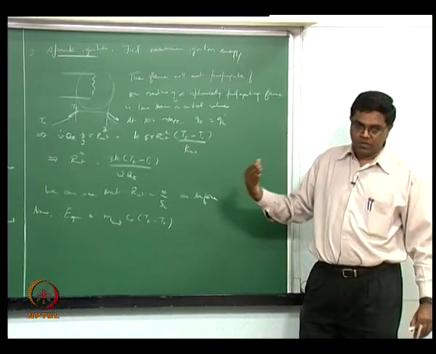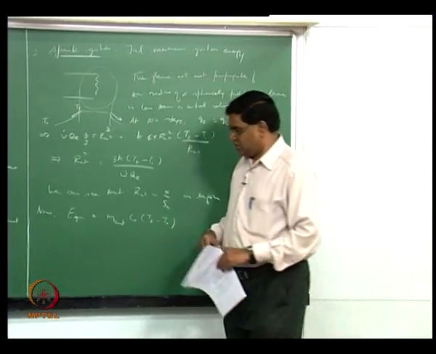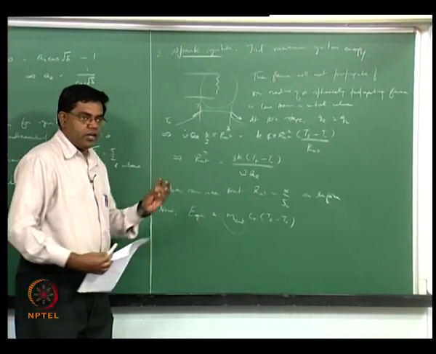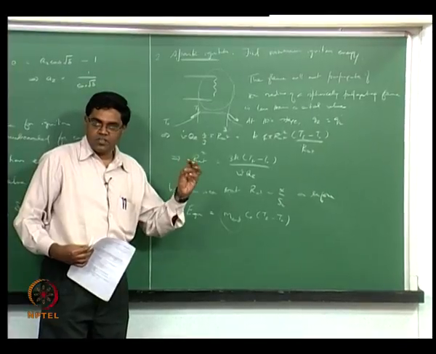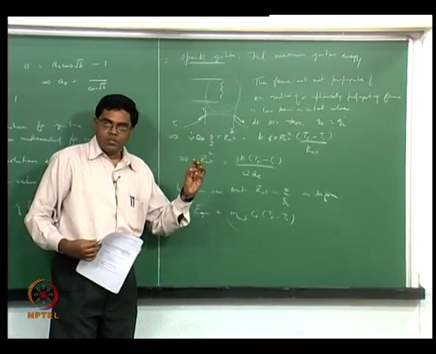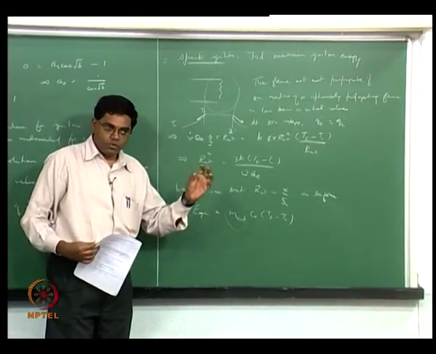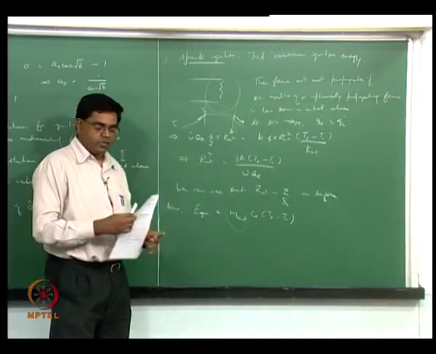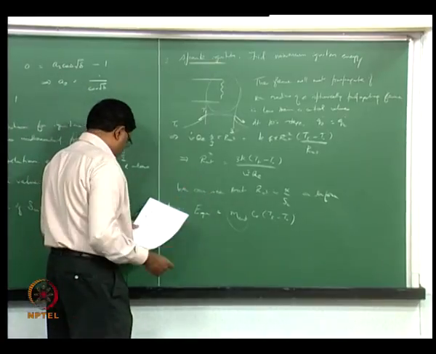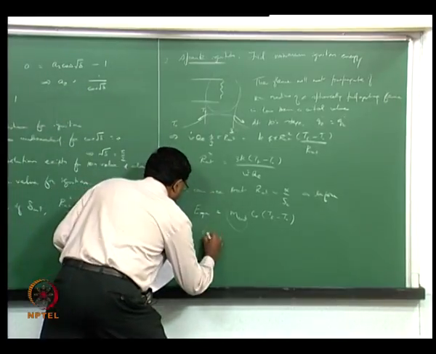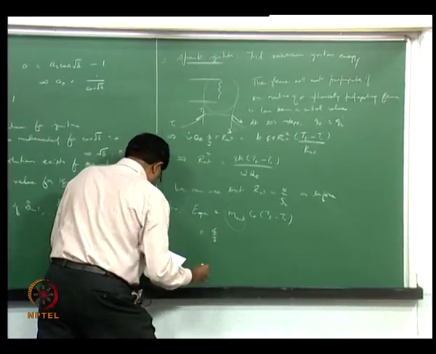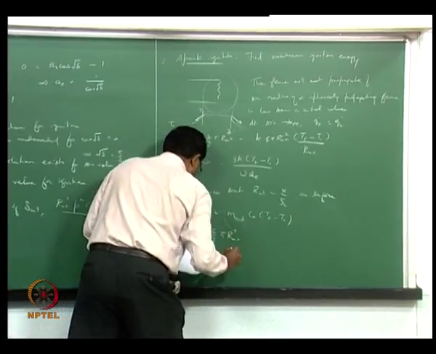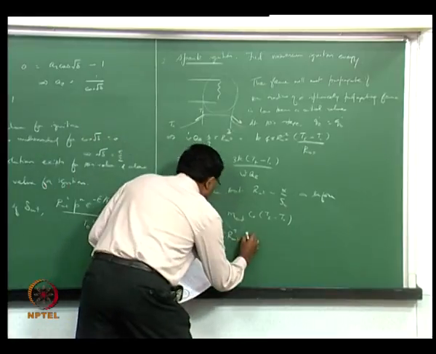So we are applying both in stages, and this m crit is essentially a pocket of gas of a certain critical mass, and therefore it's going to be density times a critical volume, and the critical volume is associated with the critical radius that we are looking at. So therefore we can now plug the critical radius there. So this is nothing but 4 by 3 pi r crit cubed.